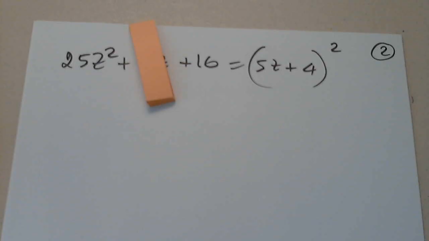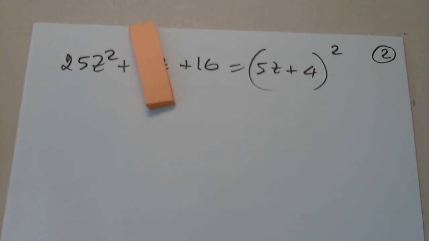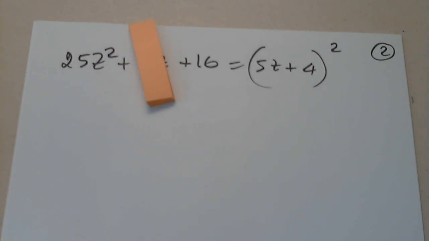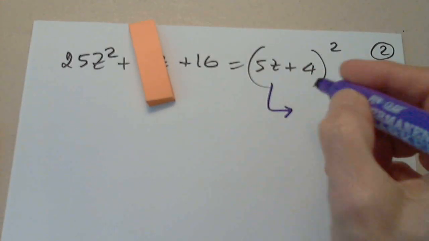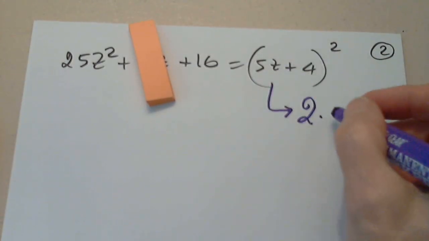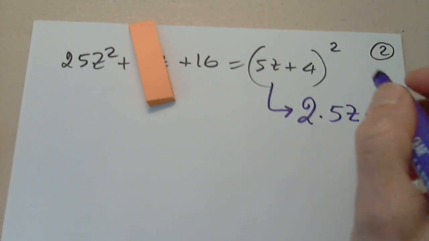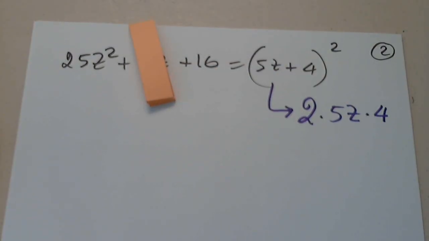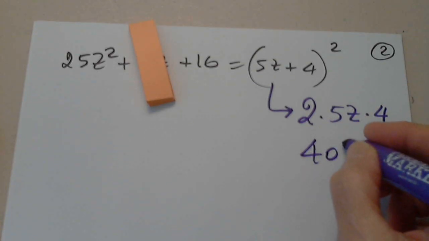This is good and great, but not good enough because I have not checked the middle term. If I don't check the middle term, it means nothing. So what is the middle term here? It's 2 times 5z times 4. 2 times the first times the second. 10 times 4. So this is 40z.